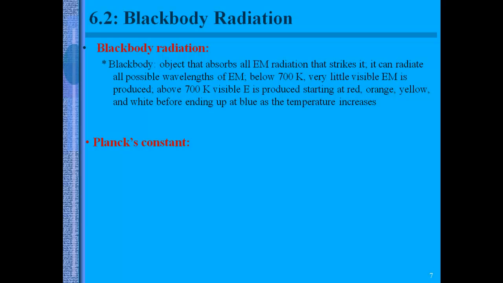So below 700 Kelvin, you'll see very little visible electromagnetic radiation, but above 700 Kelvin, you'll see colors like red, orange, yellow, white, and then eventually blue, which is at the highest temperature settings.